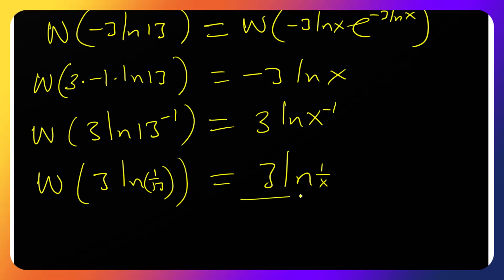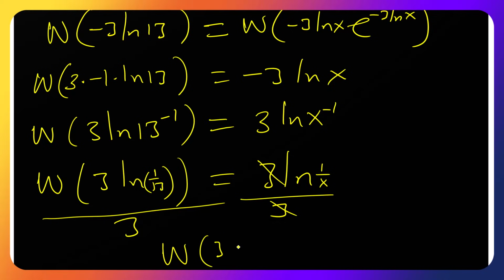So let's divide both sides by 3. We have W function of 3 ln of 1 on 13, over 3, equals ln of 1 on x.